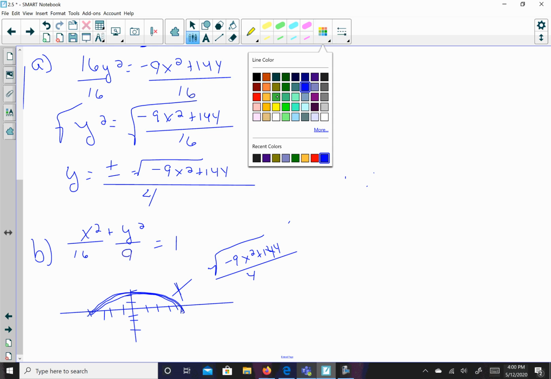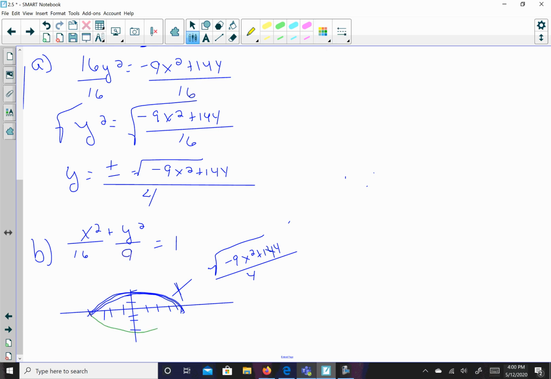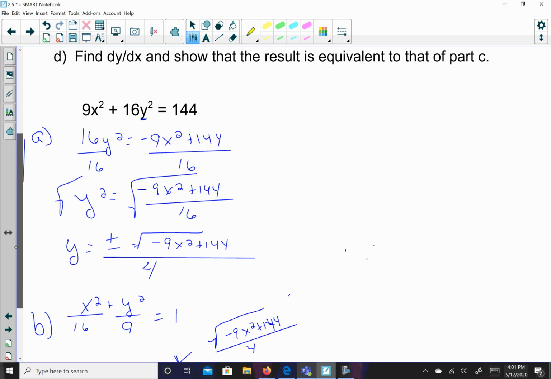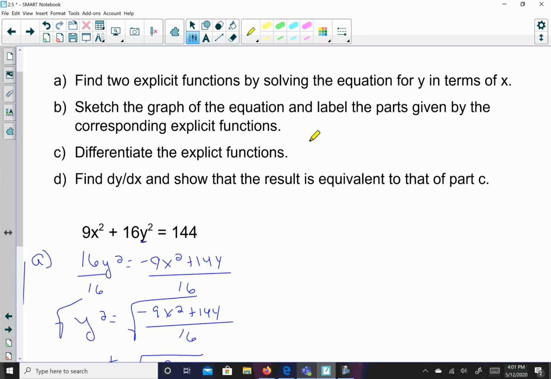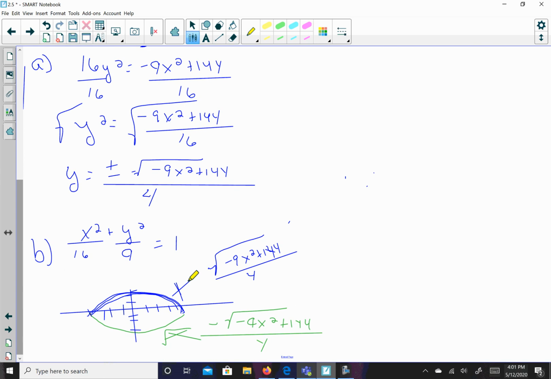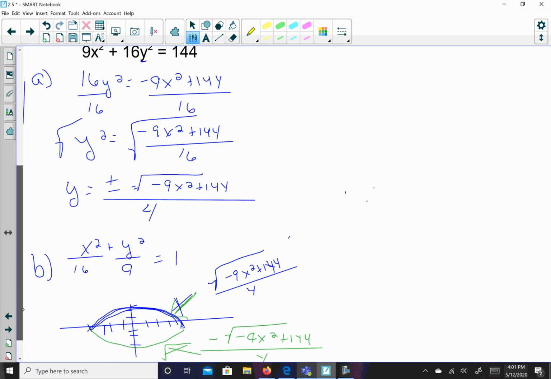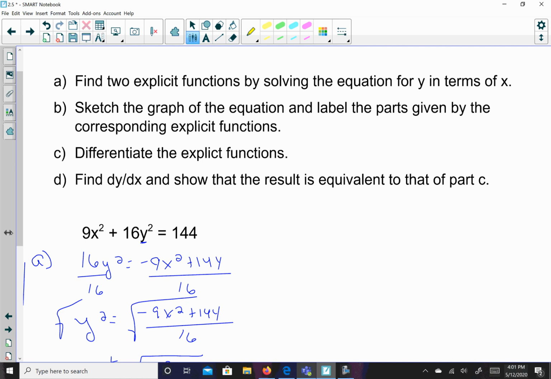When I graph the negative, this is a negative square root of negative 9x squared plus 144 over 4. So this is the top half, this is the bottom half. The directions ask you to label the parts given by the corresponding explicit function. So you have to tell me which one belongs to the positive half, which one belongs to the negative half. Okay, so that's part B. That's the graph of my ellipse. Again, you could have done that in your calculator.